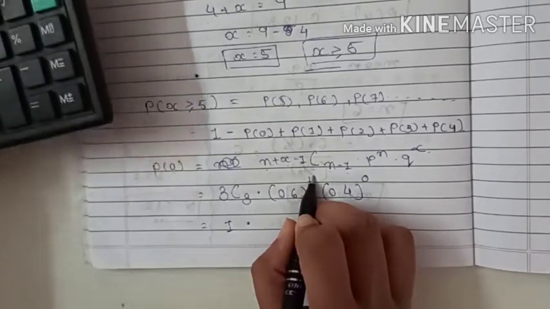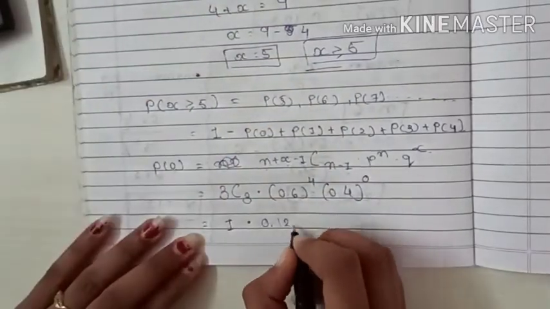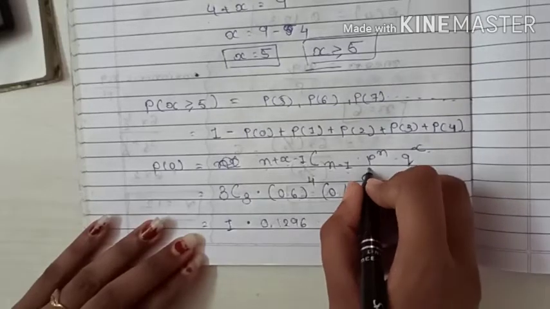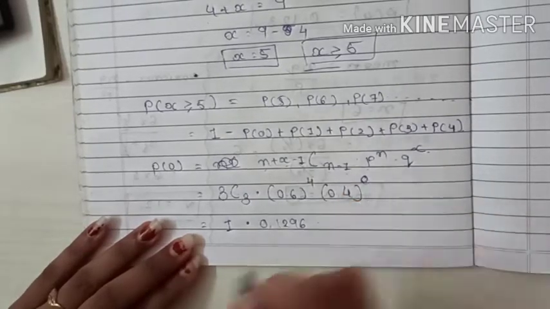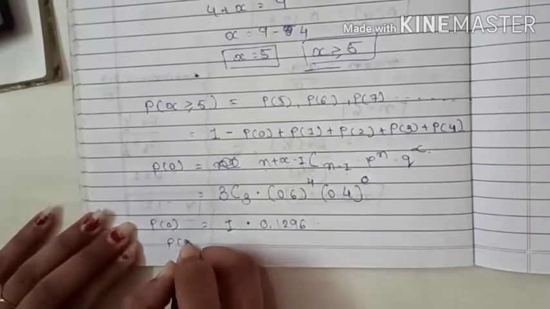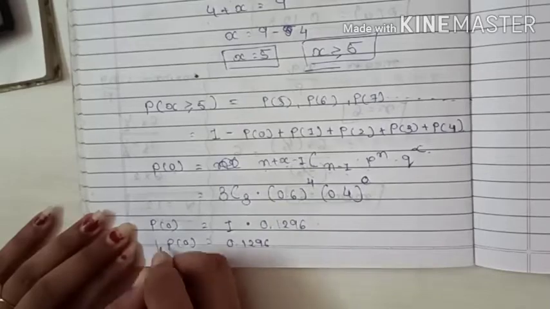With the help of the calculator, we get 0.1296. There is no effect from 0.4 raised to 0. So P0 is equal to 0.1296.